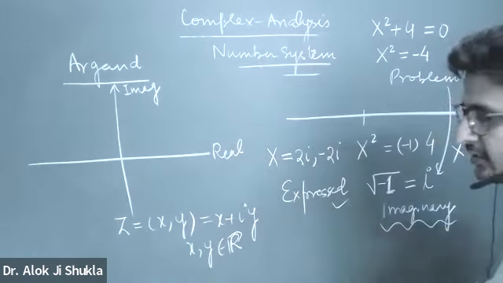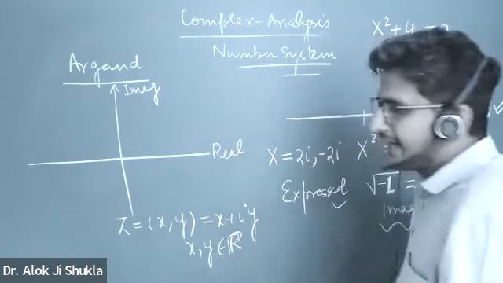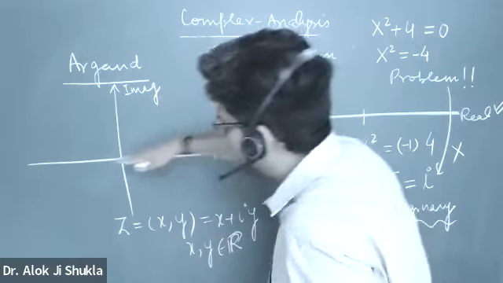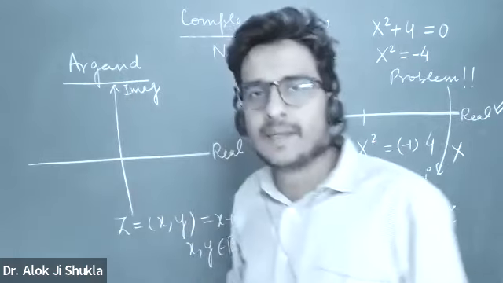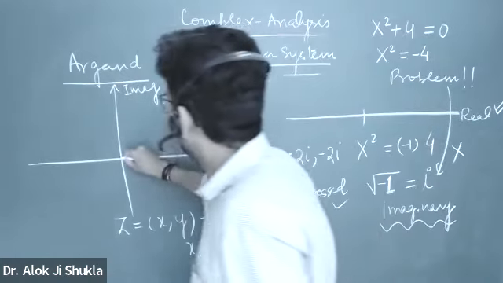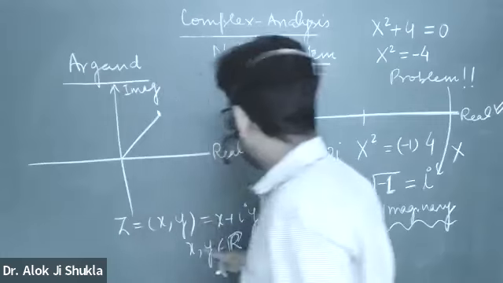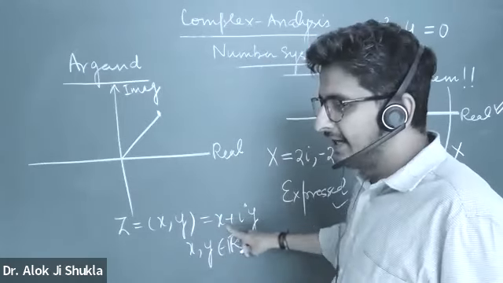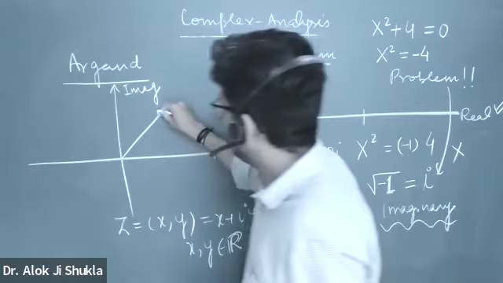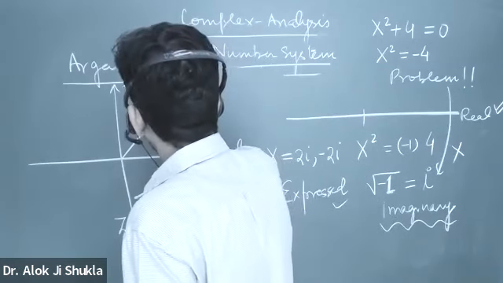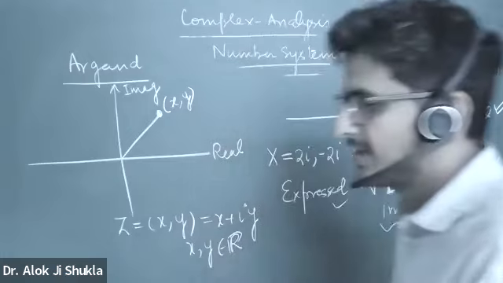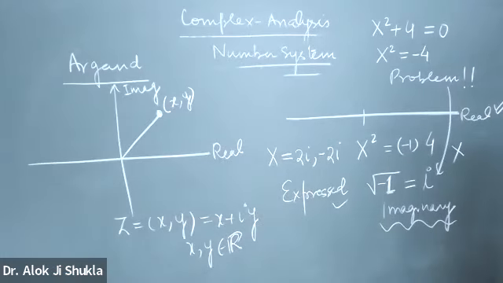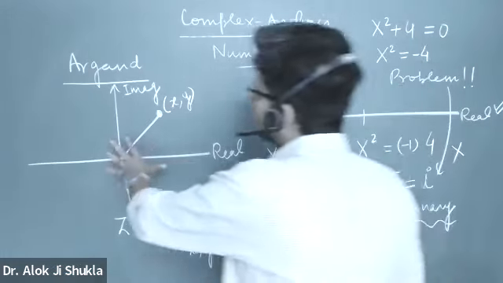This is the representation of a complex number, and it can be represented on a plane where this axis represents the real numbers, this axis represents the imaginary numbers, and any number having real component x and imaginary component y can be represented here. This will be called x comma y.